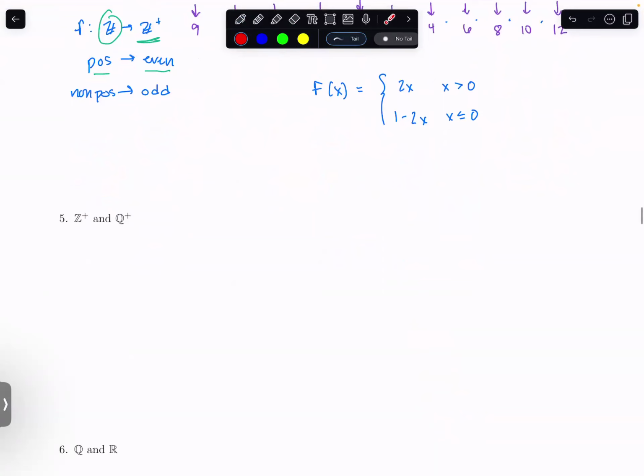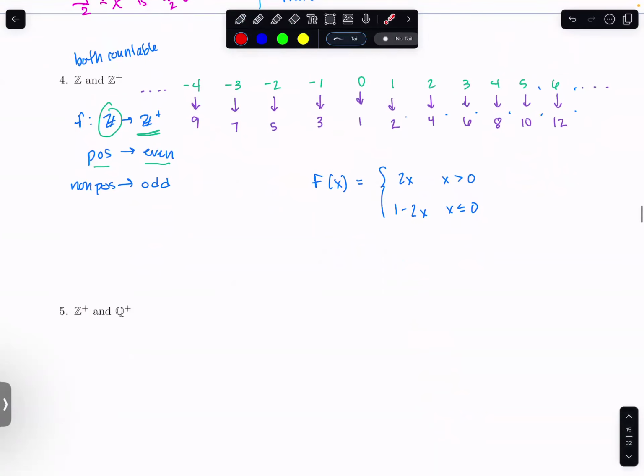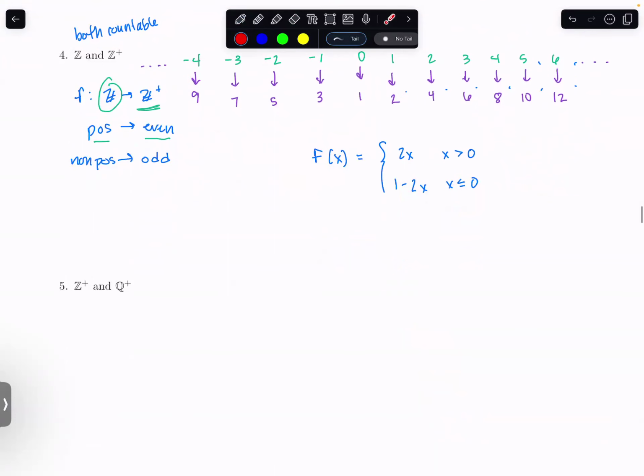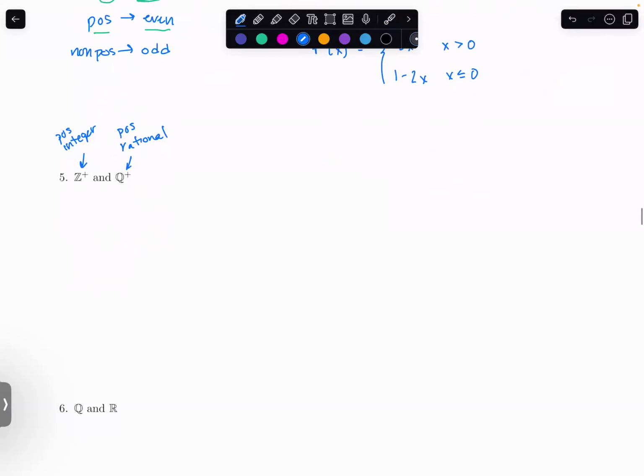All right, so again, I keep saying, if you could make a list, then it is countable. We are actually going to do this between Z+ and Q+. So remember, these are the positive integers, and this is the positive rational numbers. This idea can be expanded to the negatives too, but this is just to make the process easier looking.